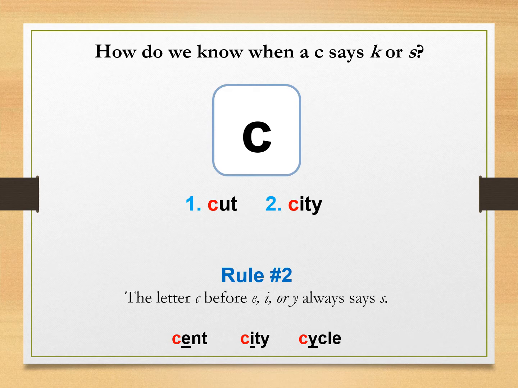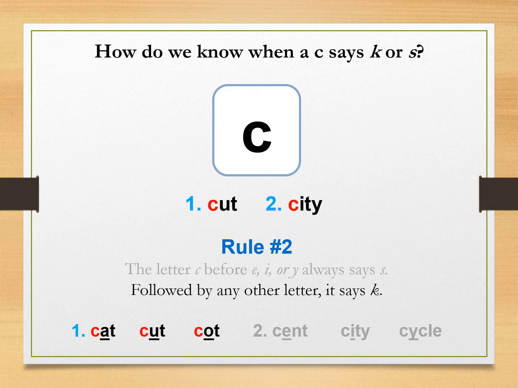It only says S if it comes before an E, like in the word scent, or I, like in the word city, or Y, like in the word cycle. The letter C before E, I, or Y says S. Scent, city, cycle.